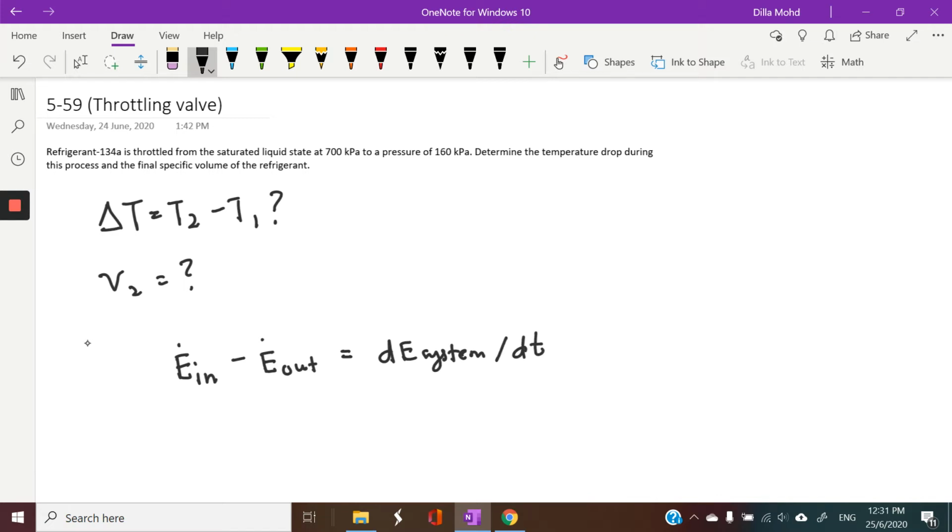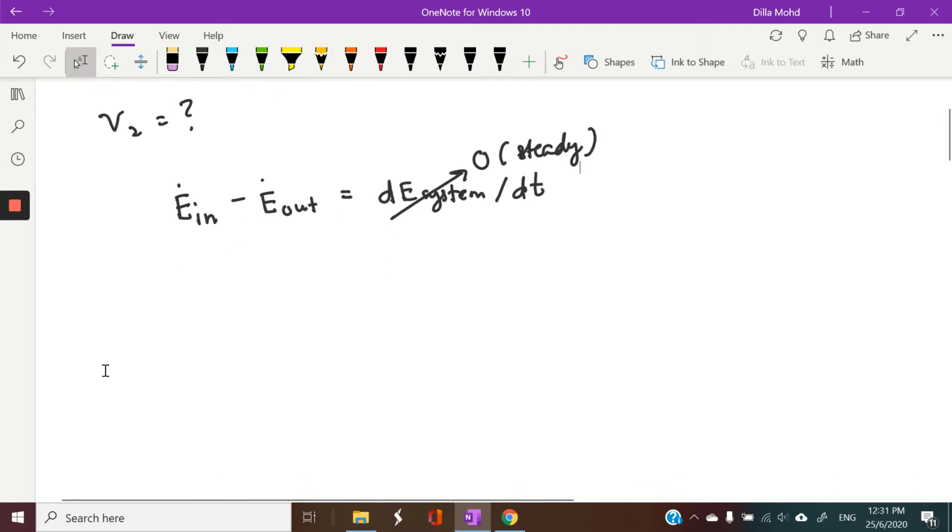Because this is a steady flow, the rate of change in energy becomes 0. One thing to remember about a throttling valve is that it is a small device, so there isn't much time and only a small area is available for any effective heat transfer to occur. So we take a throttling valve as an adiabatic system.